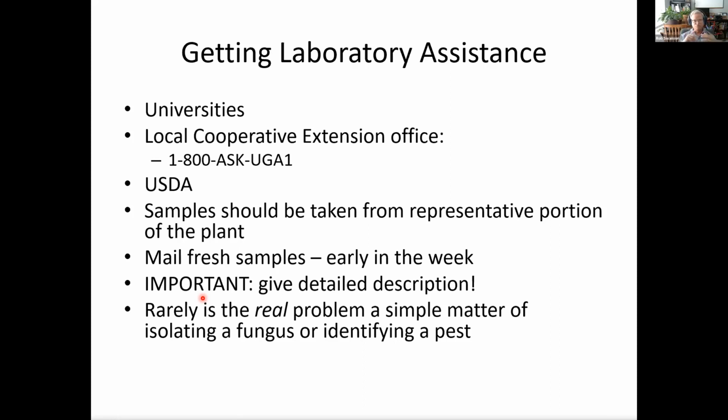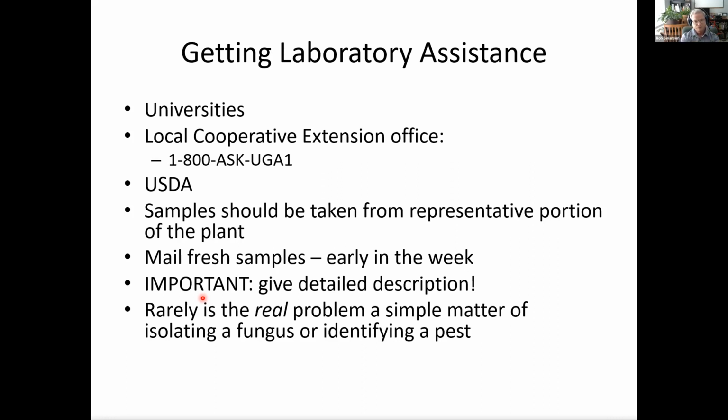However, they might run an oak wilt test and come up with nothing. And so then they might come up with something else. Well, maybe it's verticillium wilt. So then they would run a verticillium test and say, oh, look, it's positive for verticillium. So then they would send information on verticillium infections, which are treated differently than oak wilt infections. So be absolutely as detailed as you can make it.